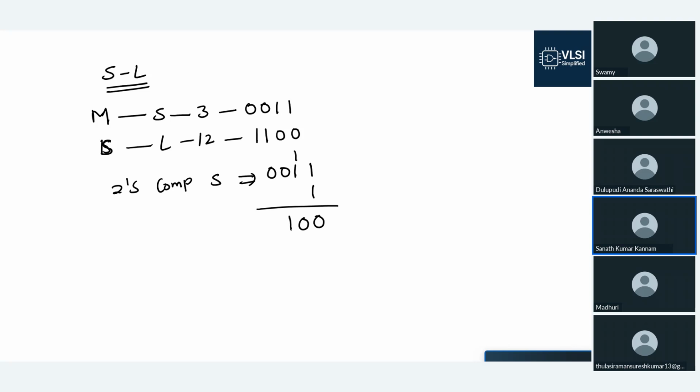Again, 1 plus 1 is 0, carry 1, and 0. So this is 1's complement and I am adding 1 to this. And add it to the minuend, 0011. If you add, what are you getting? 1110.